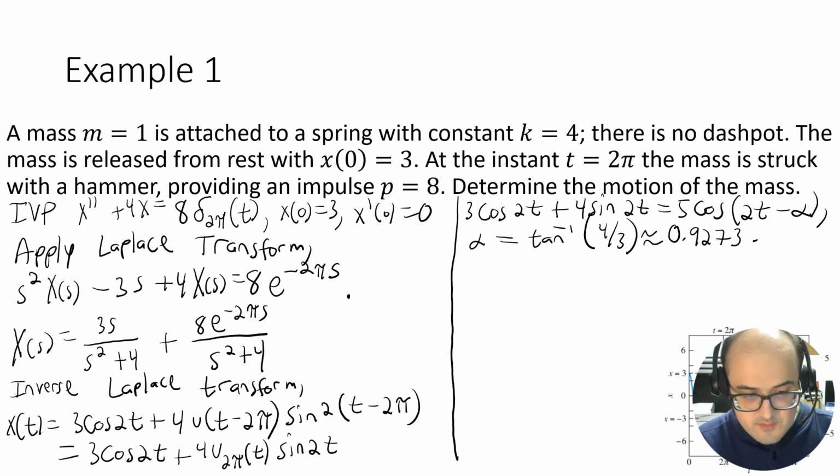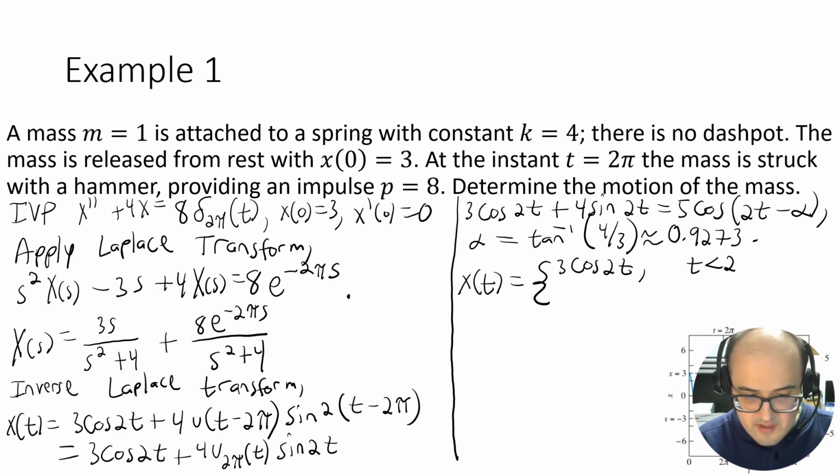So, because of this, we can rewrite our position function x of t with our two cases. 3 times the cosine of 2t, this is when t is less than 2 pi. And the other one being 5 times the cosine of 2t minus 0.9273, and this is when t is greater than or equal to 2 pi.